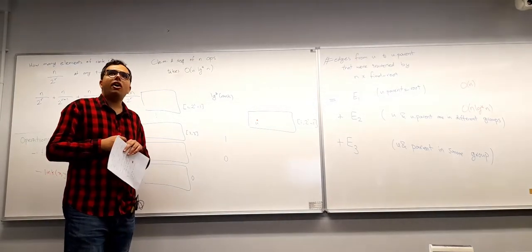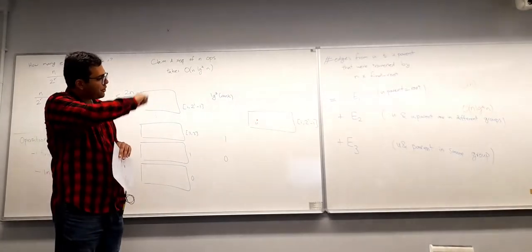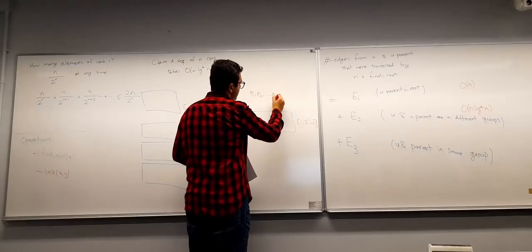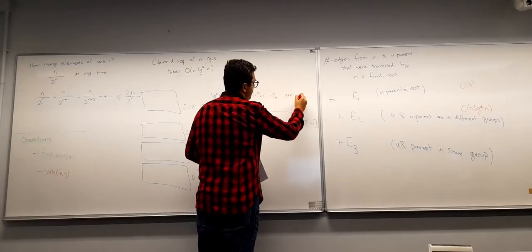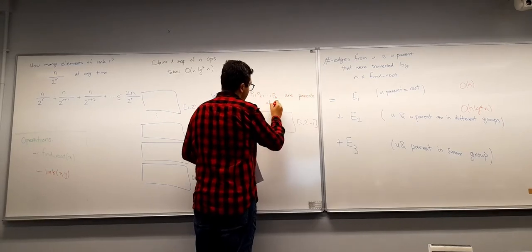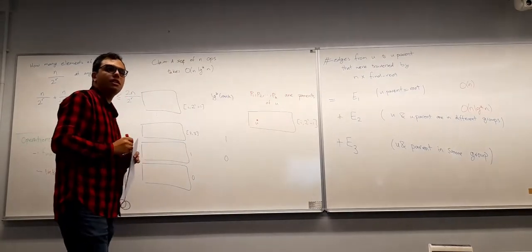So consider all the parents of u where I've traversed the edge from u to that parent, and let's call them P1 to Pk. So P1, P2 to Pk are parents of u. And these are at different points of time. That's why I don't have a unique parent, of course.